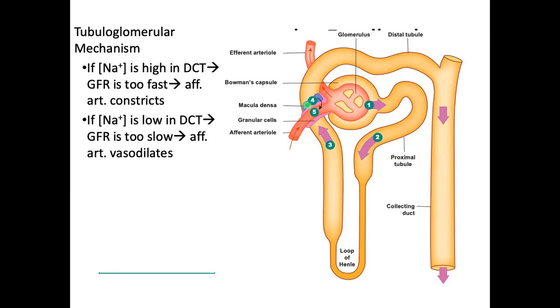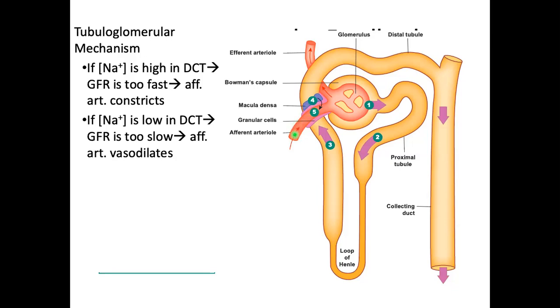So if there's a lot of sodium flowing past this monitoring station, that means that glomerular filtration rate is going too fast, and we need to slow it down. So that's going to tell, we're at number five, that afferent arteriole is going to constrict.